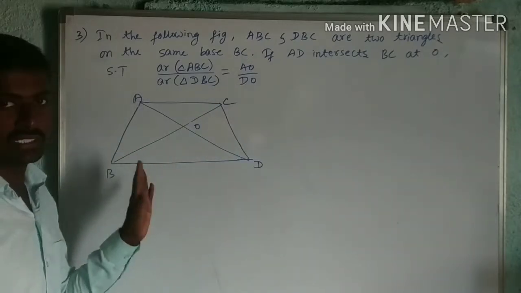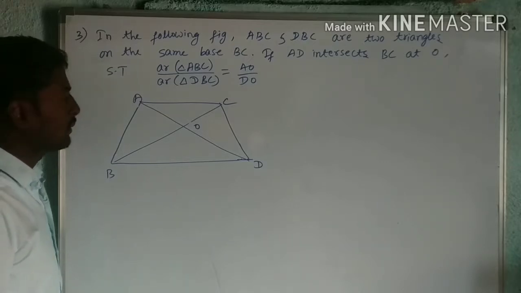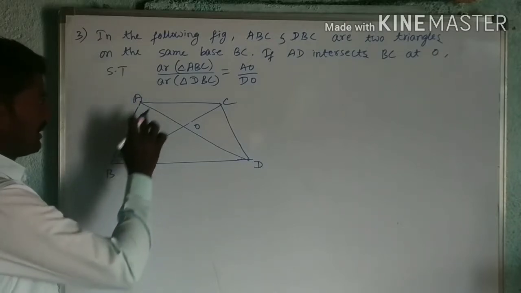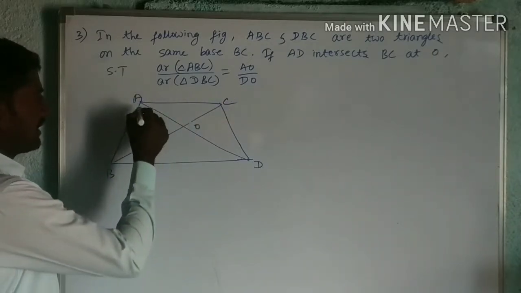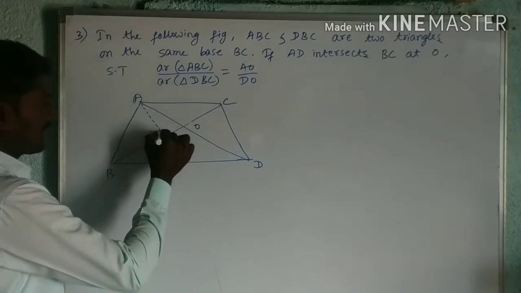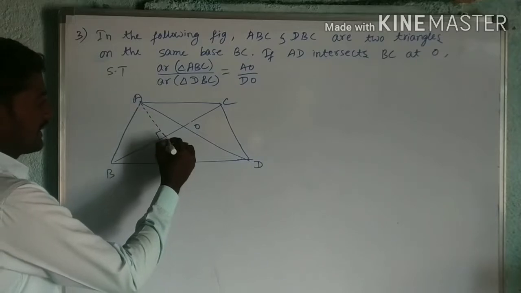So especially for this question, I have to draw the perpendicular in the triangle ABC. I have to draw the perpendicular to BC. That I will take as AM.